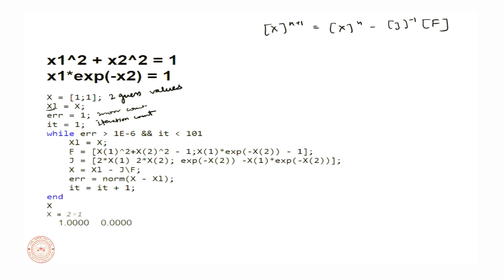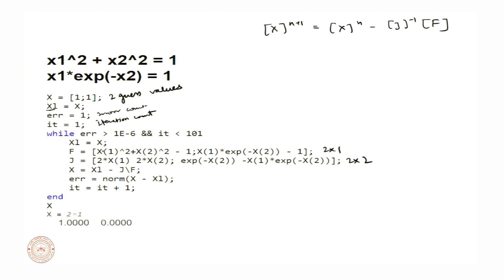We have defined our f. So f is x1 squared plus x2 squared minus 1, and the second, g, is x1 exponential of minus x2 minus 1. Fx and gx both should be equal to 0, so we have to organize our terms accordingly. Then the derivative matrix will be, this is 2 cross 1, then this should be 2 cross 2.